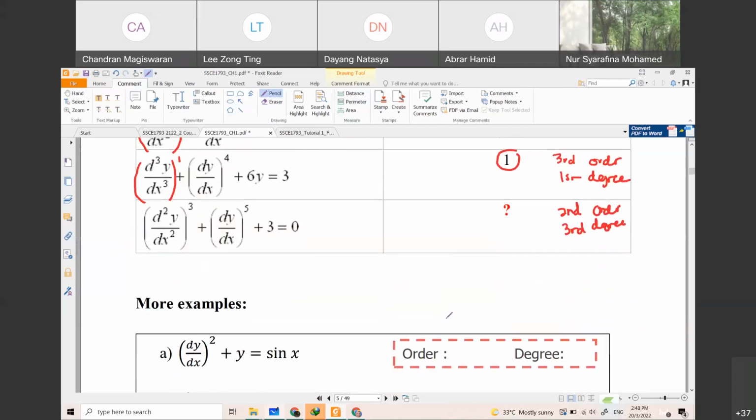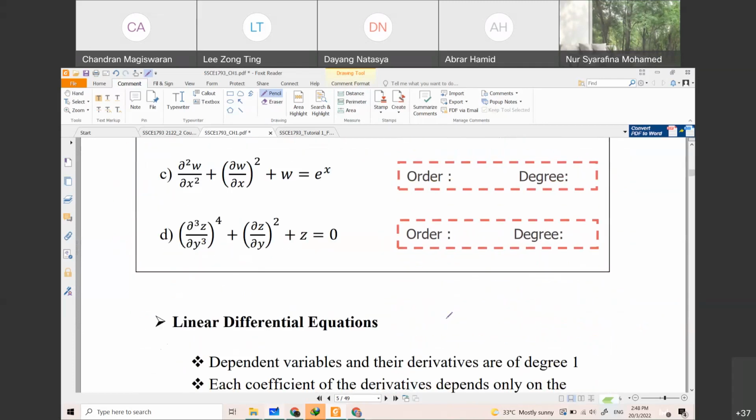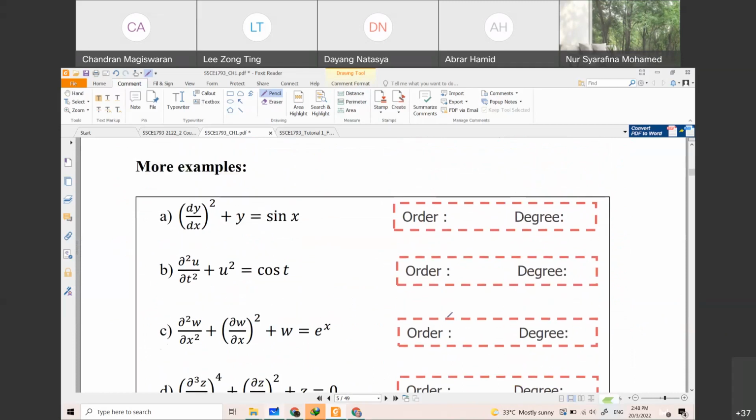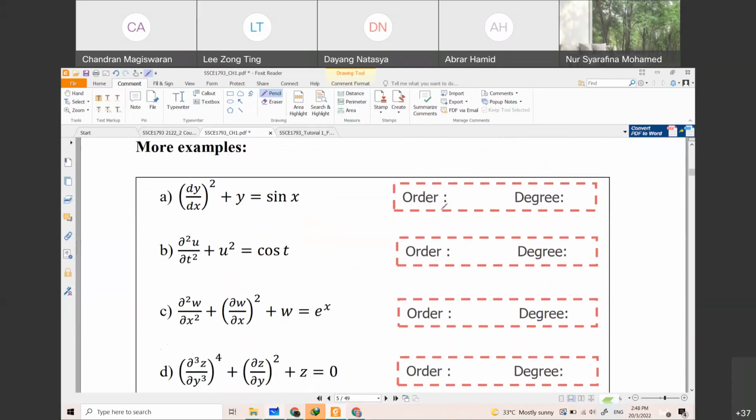All right. Okay, let's try this example. What are the order and the degree for each of these examples? Anyone want to try? First one. First order, second degree. Okay, first order, second degree. Right? Second one.